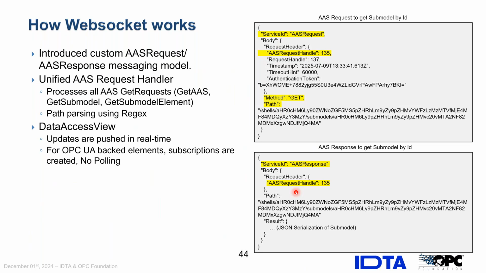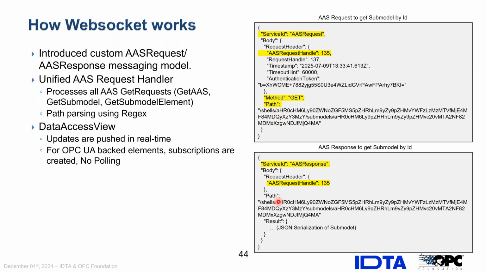For this reason, we needed to add a few attributes to the requests and responses for the asset administration shell. As we can see here on the top, in the case of a request, we have additional attributes such as the service ID, which can distinguish the AAS requests and responses from OPC UA. Then we have the AAS request handle, which can track the particular request. Then we have method, and in the end, we have path. This path identifies for which resource the request has arrived.